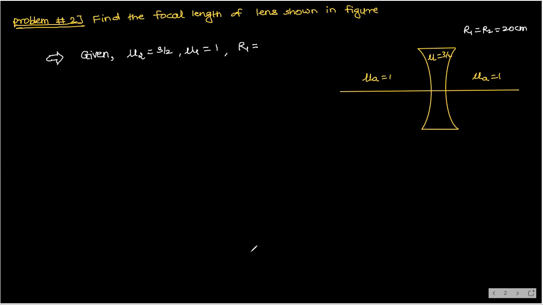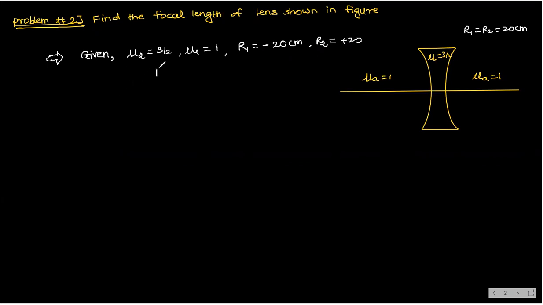It is negative. So R1 should be -20, because it is on the side against the light direction. Is R2 positive? R2 is positive, R2 is +20.